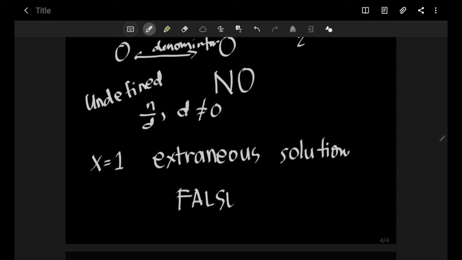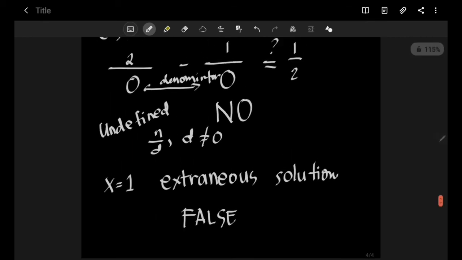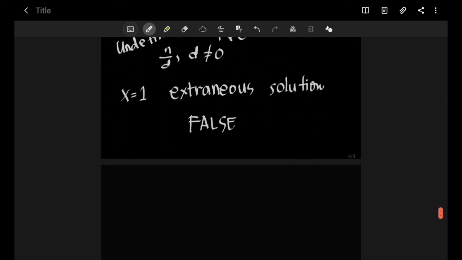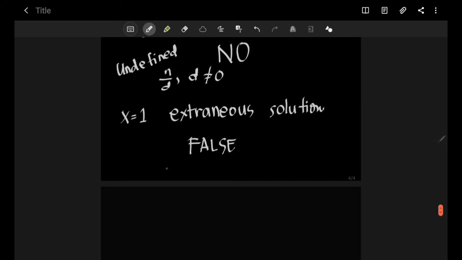Hindi niya mapapatunayan yung rational equation, yung kiniklaim ng rational equation na 2 all over x squared minus 1 all over x minus 1 is equal to 1/2. So, ibig sabihin, hindi niya mapapatunayan yun. So, that's why, invalid yung solution na to.